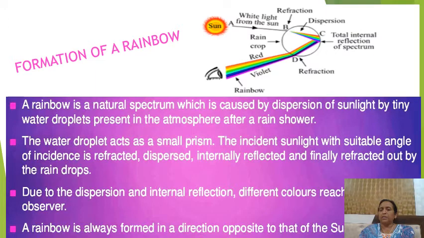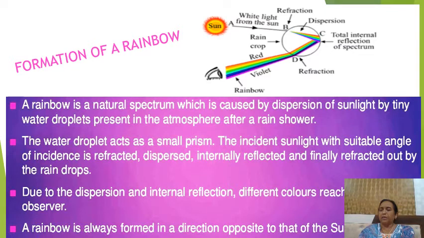White light from the sun enters the raindrop at point B and refraction takes place. The light is entering from a rarer medium into a denser medium, so it bends and disperses. When it strikes point C inside the raindrop, another phenomenon occurs, known as total internal reflection.